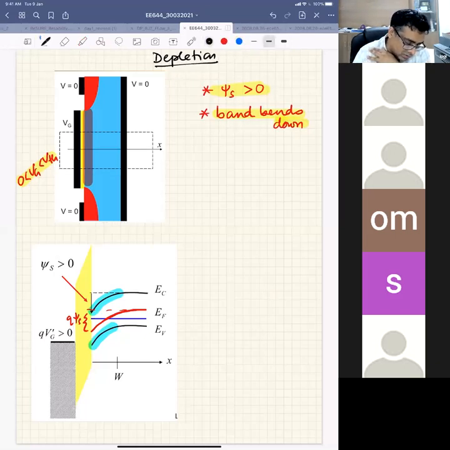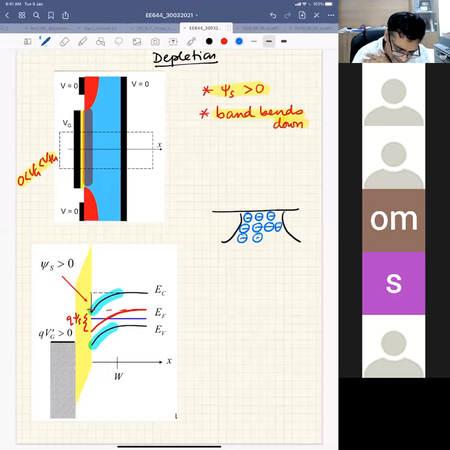To make the story short, in the depletion condition I have my depletion charges. I have some electrons coming from both the junctions, and I have a field, but this field is not very high. So the electrons are not all pulled to the surface, and basically the channel has not formed.